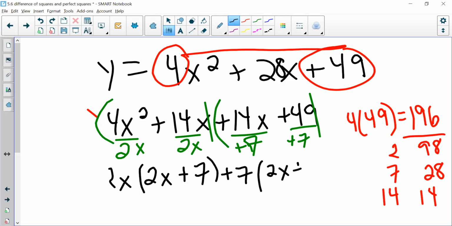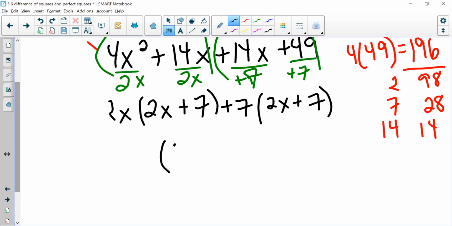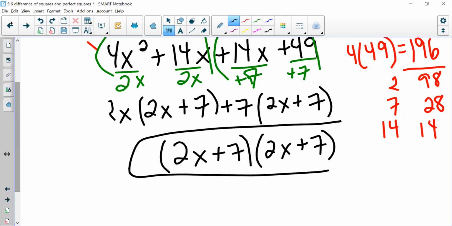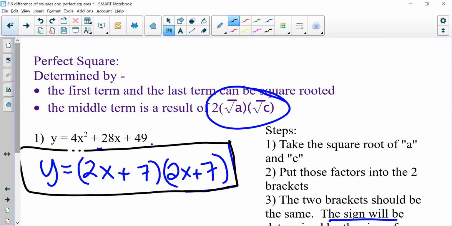I know I'm on the right track because my 2 brackets are the same. So I have 2x plus 7. And actually, my second bracket is also 2x plus 7. The long method gives me the exact same thing as what we just did, but a whole lot longer.